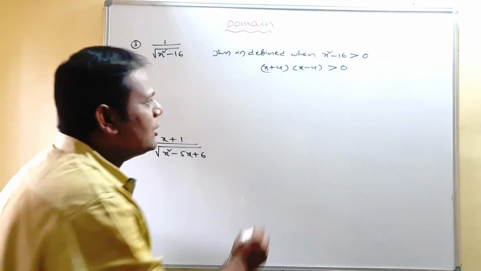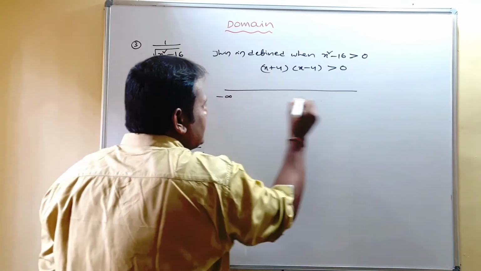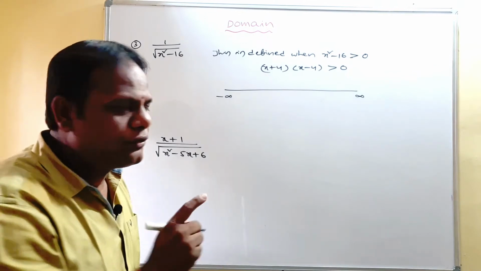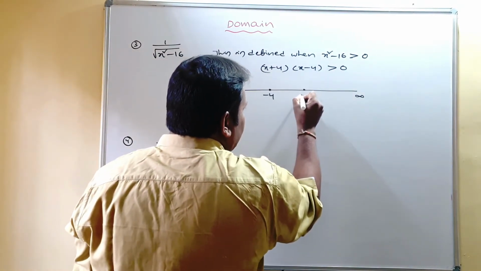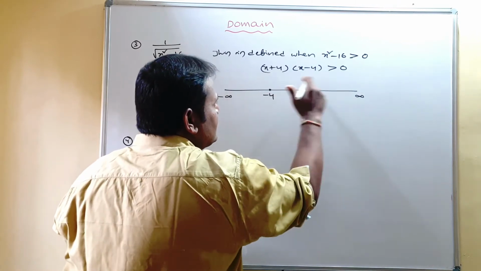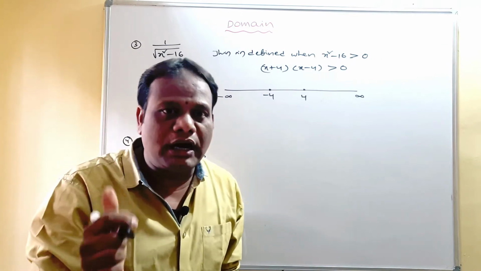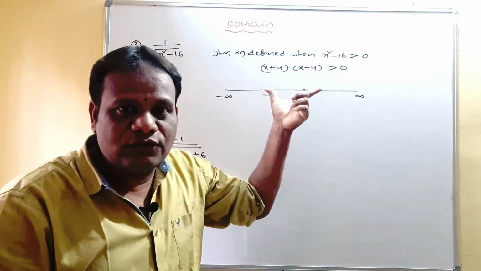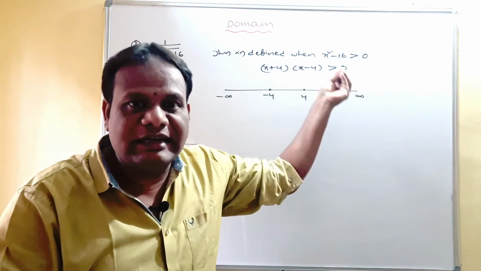Yes. Now to solve this inequation, you take the real line, minus infinity to infinity. What about the x values? Minus 4 and 4. So you take them on the real line, minus 4 and 4. Now how many intervals did we get? 3 intervals. Now you have to mark in which interval it is positive and in which it is negative.